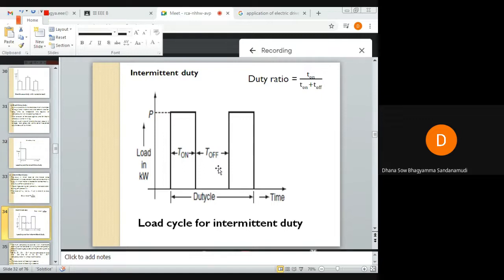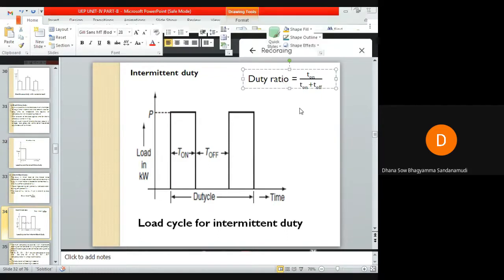So we can calculate the duty ratio depending on these T on and T off values. The duty ratio for intermittent duty is given as T on divided by T on plus T off.